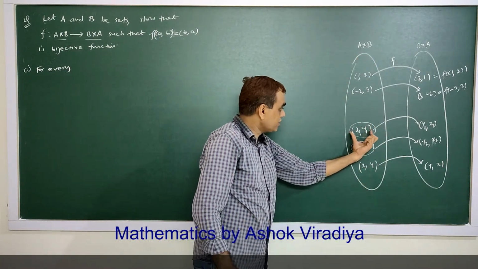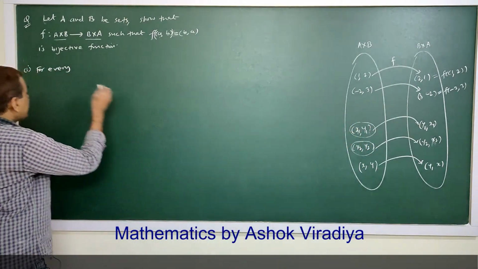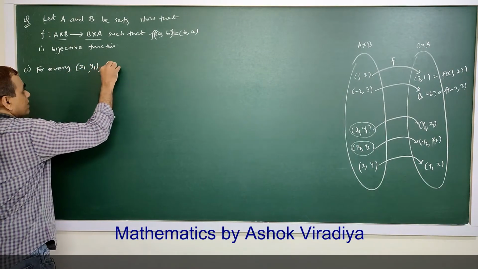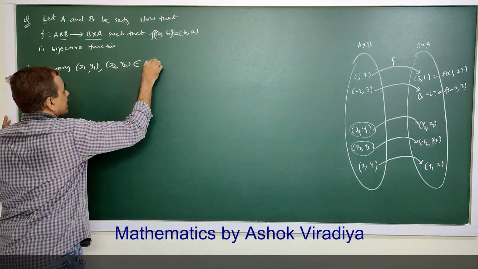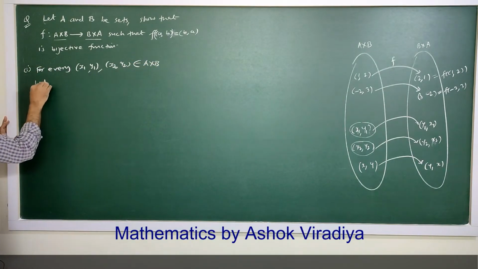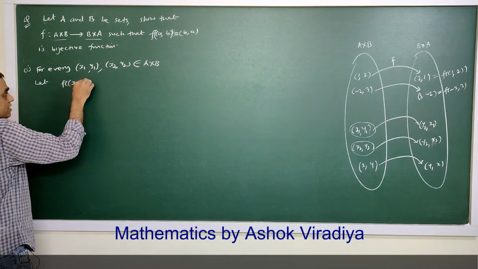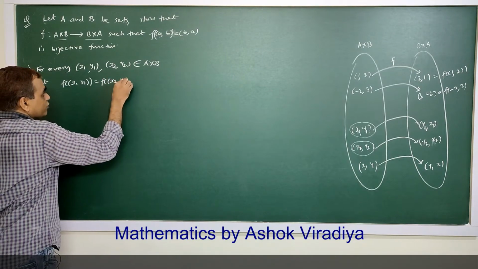So take two distinct inputs. For every (x1, y1), (x2, y2) belonging to the domain, we suppose that f of (x1, y1) equals f of (x2, y2).